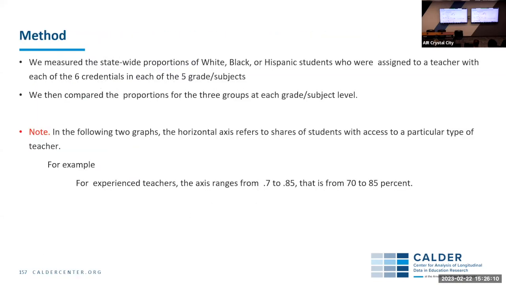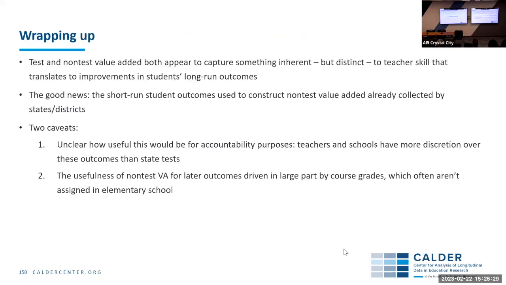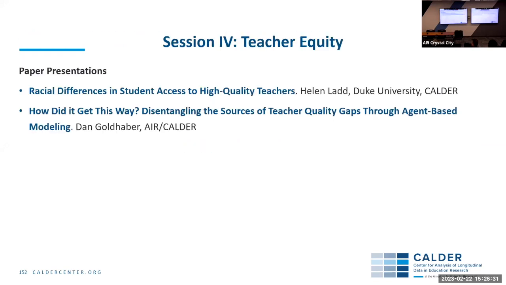So what are we doing? We're just doing something very simple. It's descriptive. We're measuring the statewide proportions of white, Black, or Hispanic students who are assigned to teachers with each set of credentials. And you'll see this in the graphs in a minute.